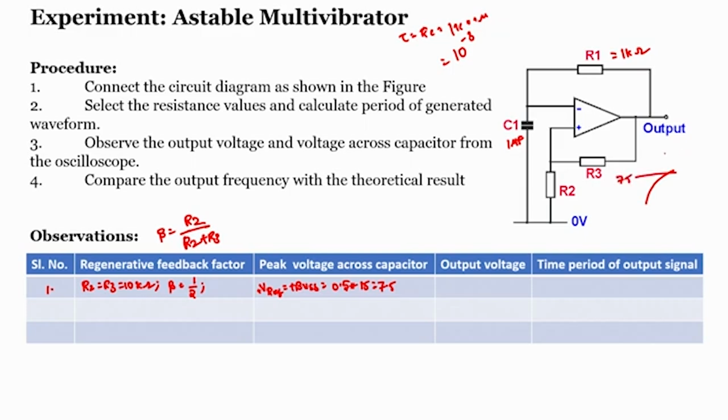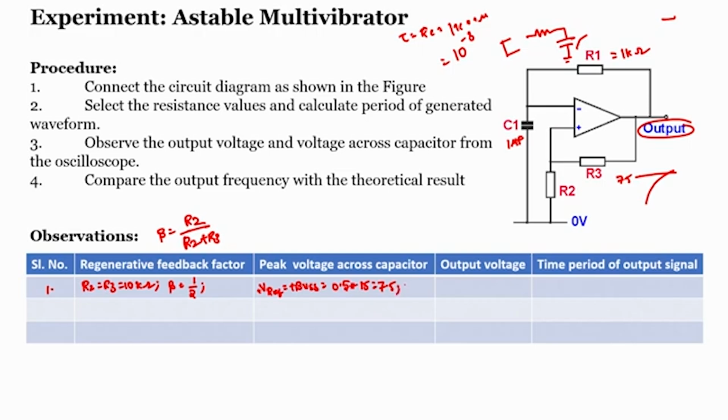Even though the output of the op amp, the input of the RC circuit, is 15, because of the threshold the capacitor can only charge up to 7.5. When the capacitor voltage is greater than 7.5, the Schmitt trigger makes the op amp output go to minus VCC. So it starts discharging again, is it not?